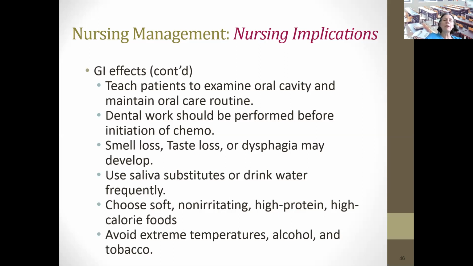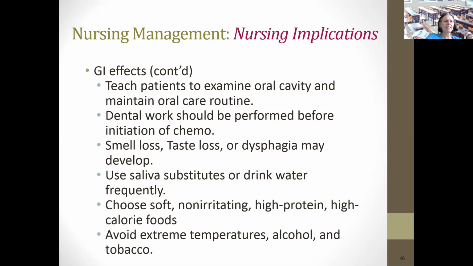The xerostomia we can treat with saliva substitutes. There's actually oral rinses and toothpaste that are meant to help with improving salivation. Drink water frequently, suck on hard candies if you need to keep the mouth moist. When you eat, if somebody has dry mouth or stomatitis, you don't want them to eat hard, sharp foods, things that irritate the mouth.